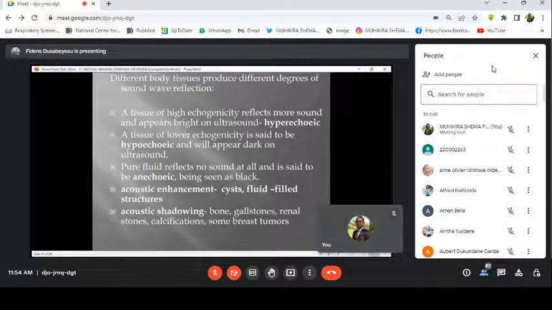Different body tissues produce different degrees of sound wave reflection. A tissue of high echogenicity... that's a new word. Echogenicity is a term we use in ultrasound.